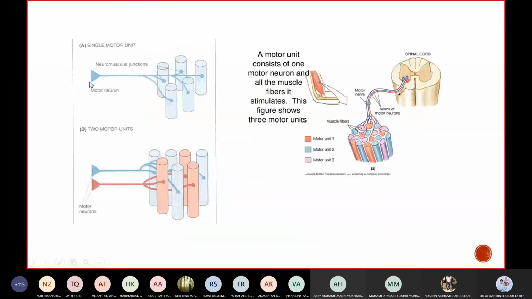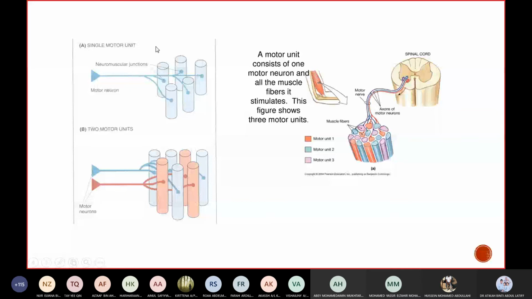Just to show you, this is a motor unit. One nerve, but it innervates many muscle fibers. Two motor units mean there are two nerves innervating many muscle fibers. So one motor unit is one nerve and its innervated fibers. Here, for example, we take a section from this biceps again.